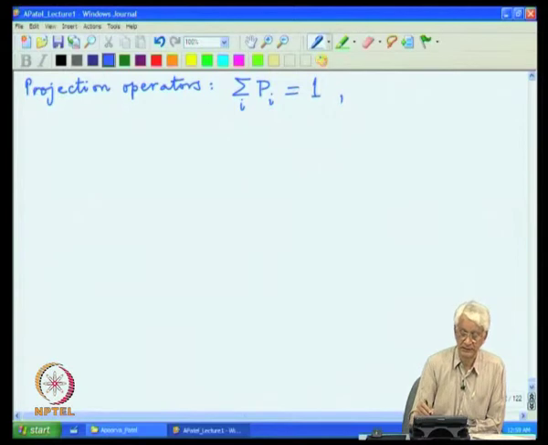The second projection does not do anything, and that relation is expressed as P i P j is equal to delta i j times P i.